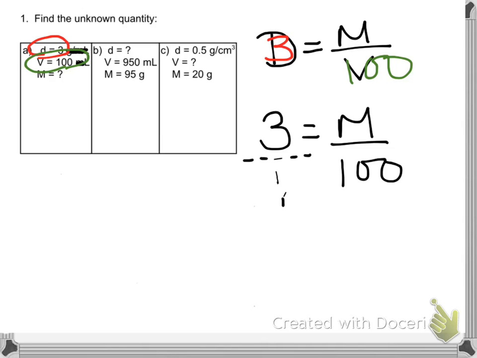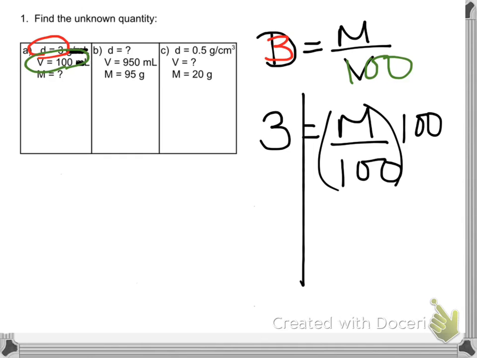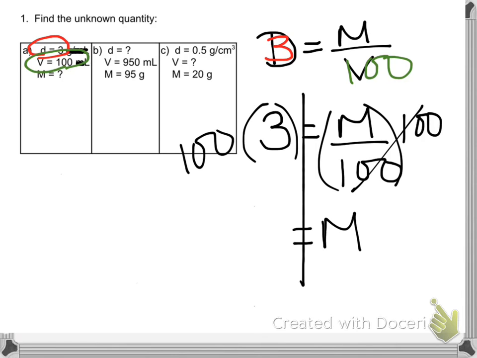A typical algebraic process for solving this would be to get m by itself. So we would multiply both sides by the denominator, which is 100. They would cancel out, and we'd be left with mass equal to 3 times 100, which is 300, and that would be my answer.